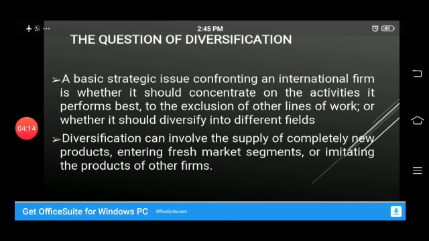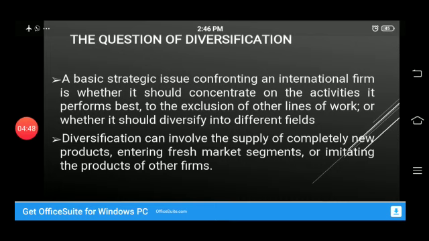Now, the question of diversification: whether they should diversify or specialize. A basic strategic issue confronting an international firm is whether it should concentrate on the activities it performs best to the exclusion of other lines of work, or whether it should diversify into different fields.